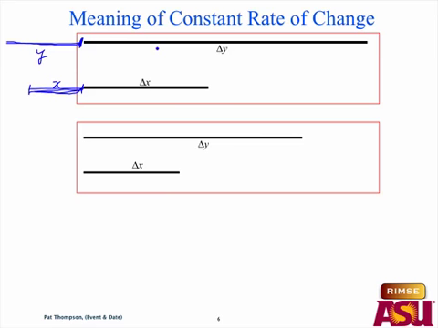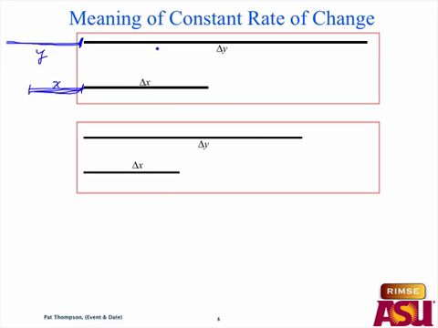The changes are proportional. Is there something the same about these? Obviously, both the change in y and the change in x are less. That's how they're different. But is there something the same about these two? Yes, sir? How they co-vary in each box of the y and x. Co-vary. Okay.